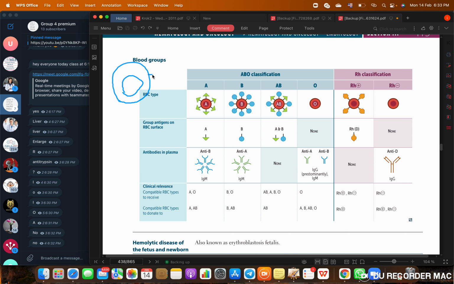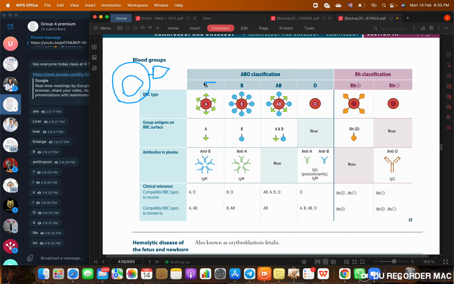It means that on the cell, he's presenting A antigen. So he has an A antigen on the cell wall. Okay, interesting. Why is this where it comes from? Basically, and this is important, you need to know that it is hereditary. It is hereditary.